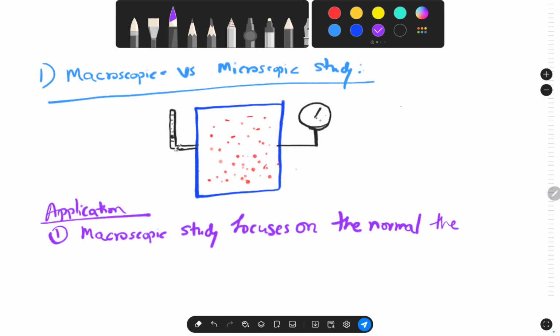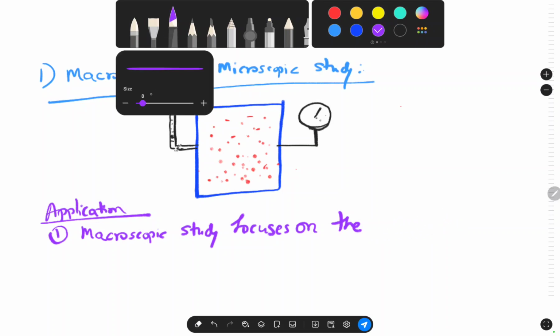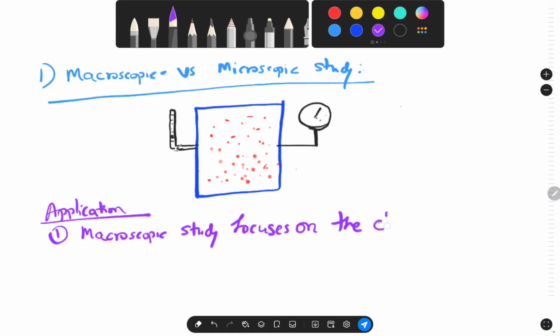This is called classical thermodynamics, which is our point of interest.